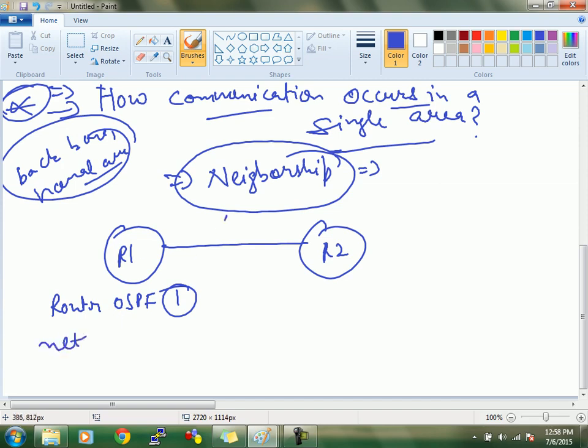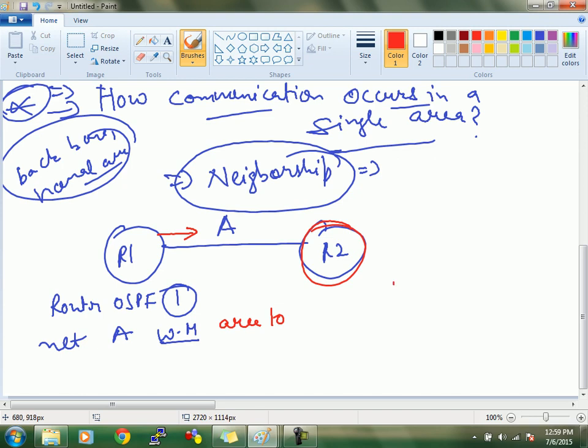I will define a network A. After that it's wildcard mask. Wildcard mask is compulsory in case of OSPF. After that, to which area do I want to assign this interface? I want to assign this interface to area 10. Area 10. This thing is clear.